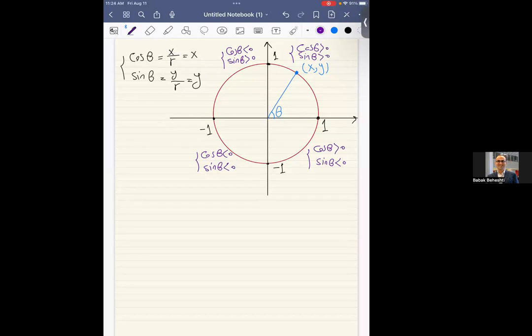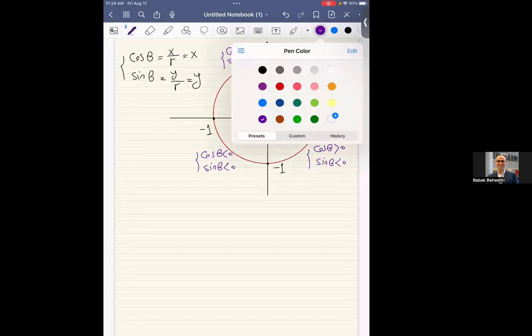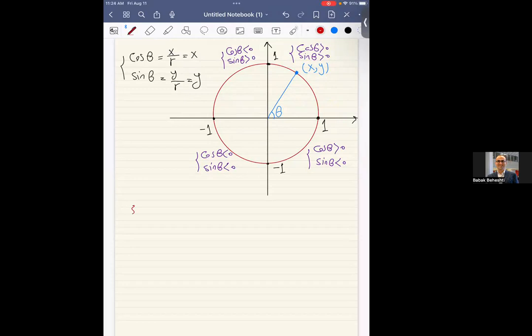Now, some useful identities. The most important one is that both cosine and sine are periodic with period 2 pi.